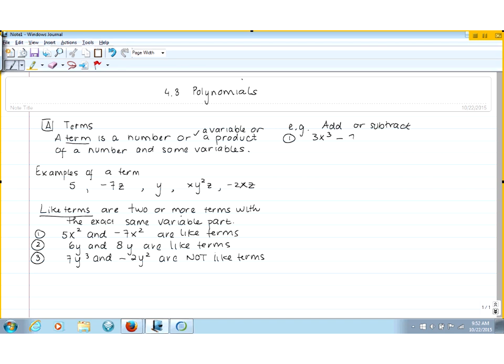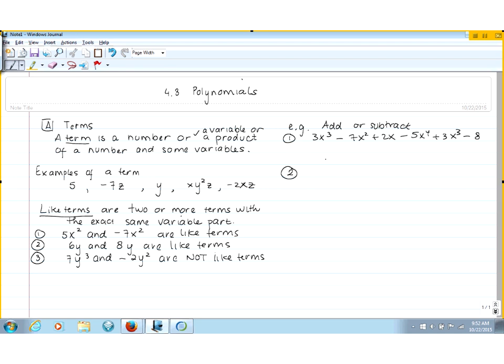Number 1: 3x cubed minus 7x squared plus 2x minus 5x to the 4 plus 3x cubed minus 8.